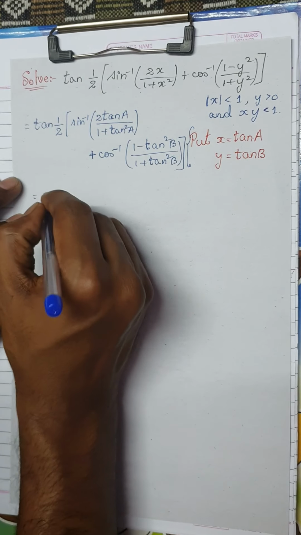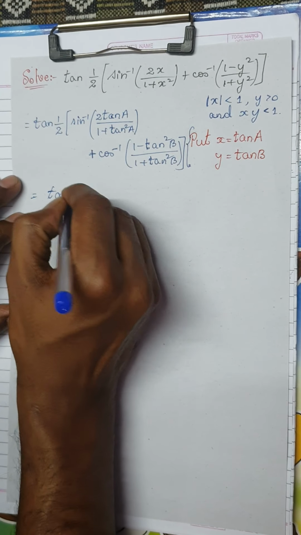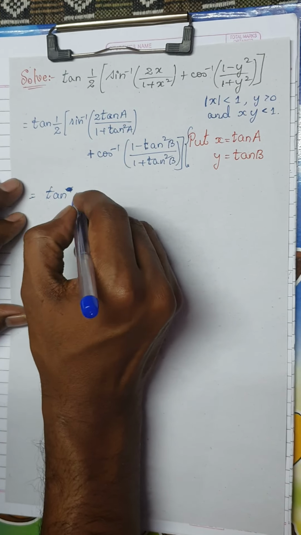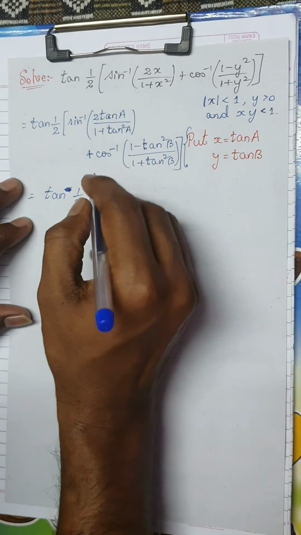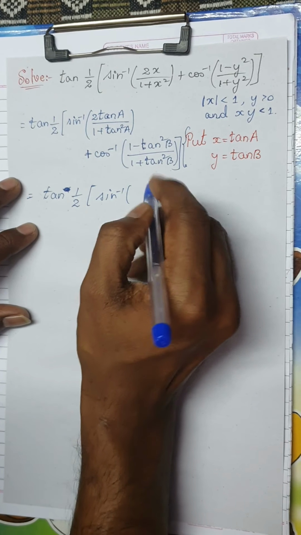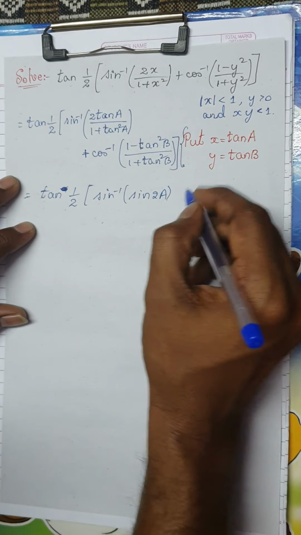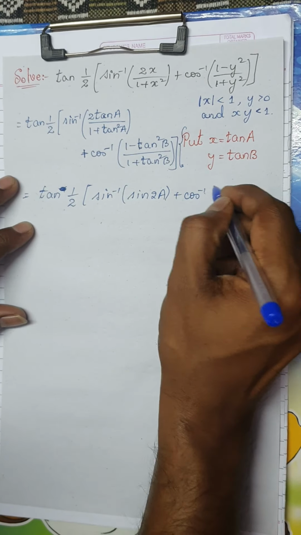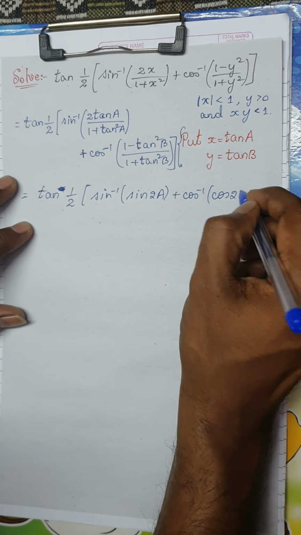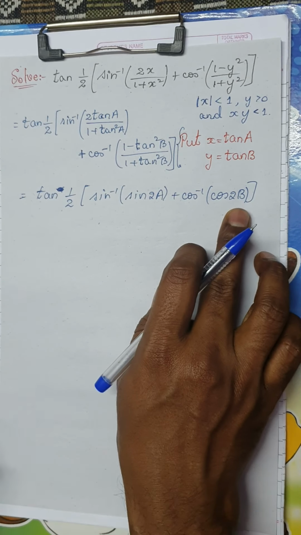Okay, so this equation becomes tan of half of, remember I have sin inverse of sin 2a, plus cos inverse of cos 2b.